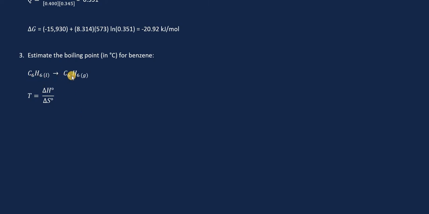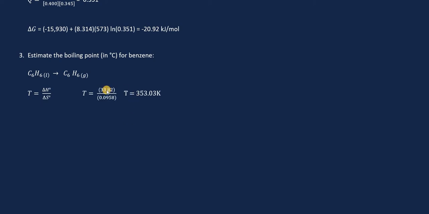So basically you're going to take the enthalpy of this reaction using table values divided by the entropy that you take from table values, and you solve for T in Kelvin. So I'm going to go ahead and give you the values here because I don't want to copy and paste the table again, so you can see what they are.